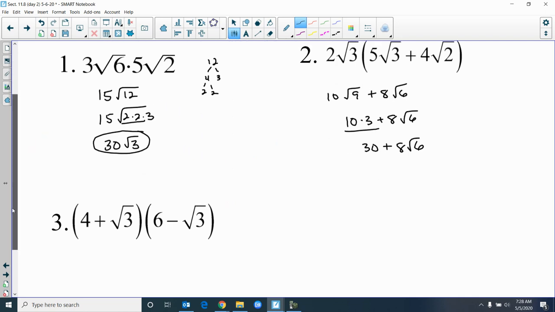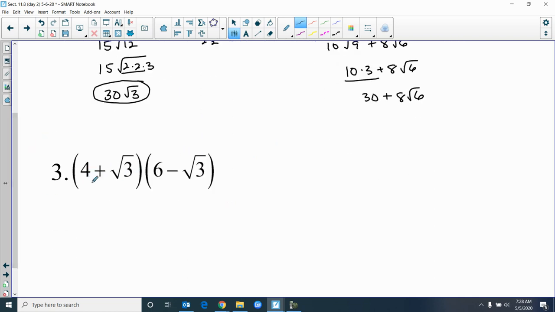And then number 3, this is a FOIL problem. You've got a binomial times a binomial. 4 times 6 is 24. 4 times negative 3 is the only thing you can do is write it as minus 4 square root of 3. And then square root of 3 times 6 is plus 6 square root of 3.